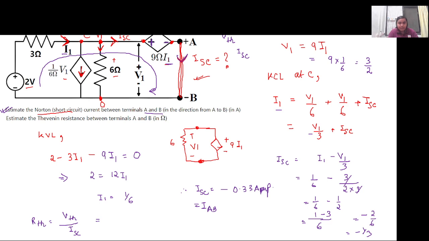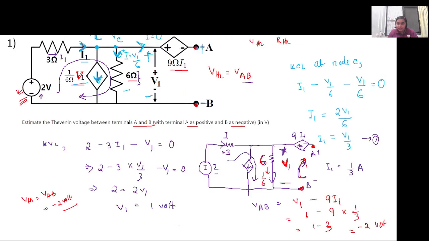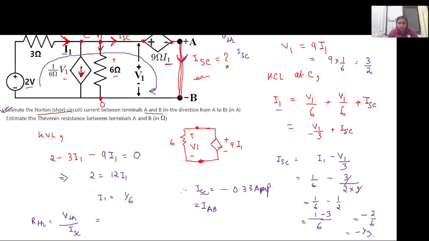So V Thevenin we had calculated in the previous question to be minus 2 volt. So it is minus 2 volt, and the current that we have calculated here is minus 0.33 ampere. Let's not write minus 0.33, we'll write it as minus 1 by 3.